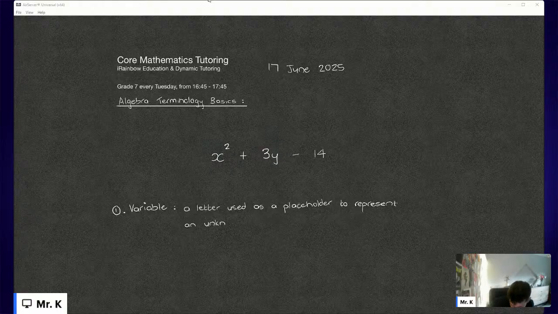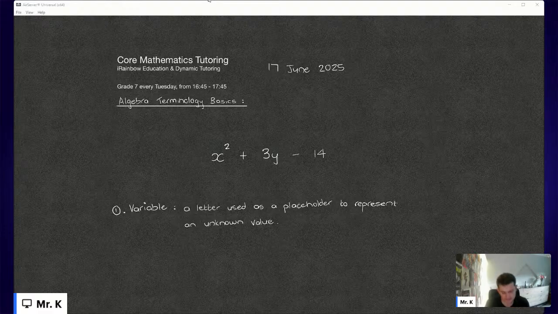Right? Why is it unknown? Because it's a missing number problem, grade 7s. We're going to have to find the value later on as we progress through the topic of algebra. Okay, but it's a letter used as a placeholder to represent an unknown value.